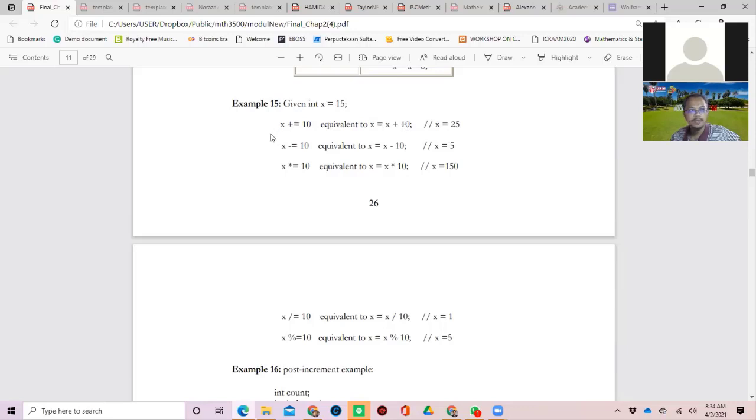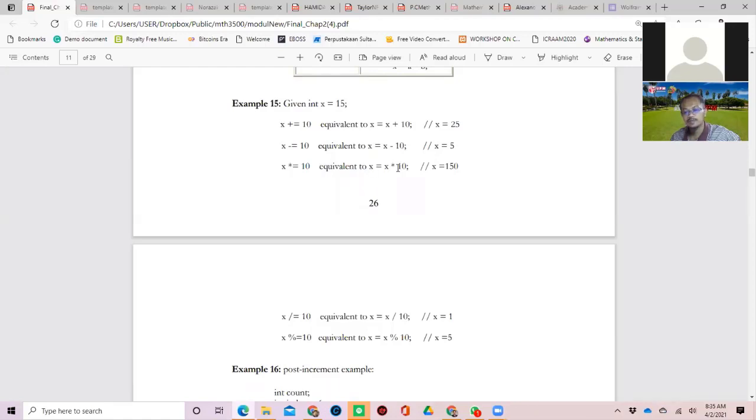So if we see in the C coding that it is given like this one, automatically in our mind we will convert it to become like this one. So x plus equal 10 means that x equal to x plus 10. If x minus equal to 10, this one is equivalent to x equal to x minus 10. Okay, so x times equal 10, this one is x equal to x times 10.